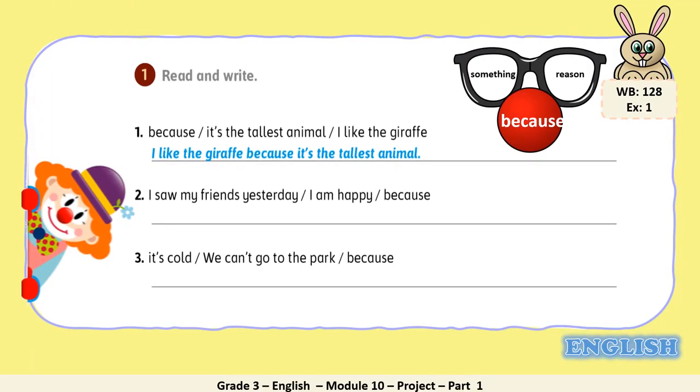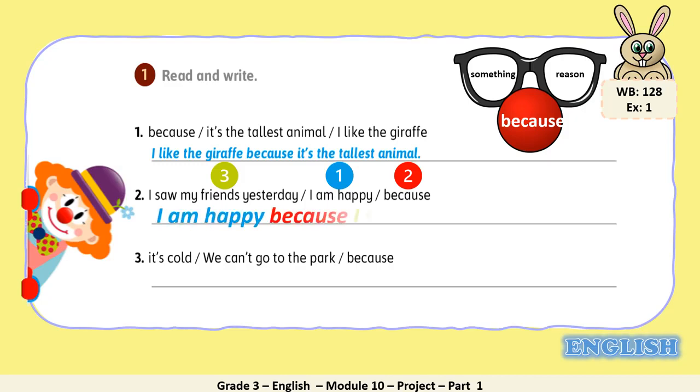Number 2. I saw my friends yesterday. I am happy because. We said previously that because comes in the middle. So we need to be looking for something and its reason. That's right. We will start the sentence by saying, I am happy because I saw my friends yesterday.